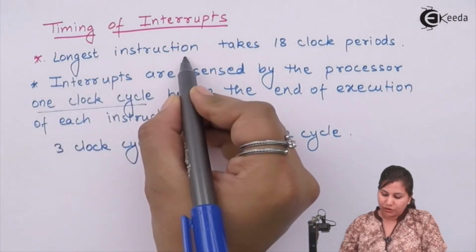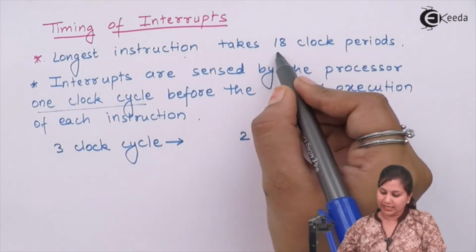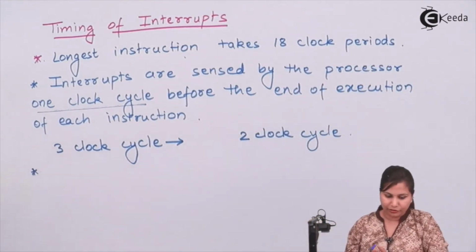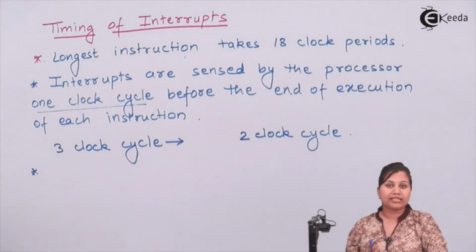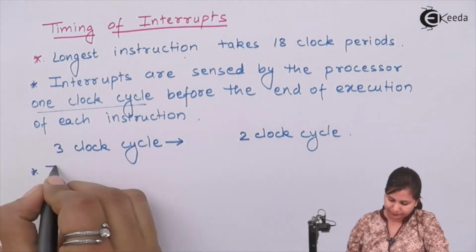The longest instruction in the microprocessor instruction set takes 18 clock periods. So we can say that the interrupt signal should be available up to 17.5 clock periods so that the microprocessor can sense that interrupt.